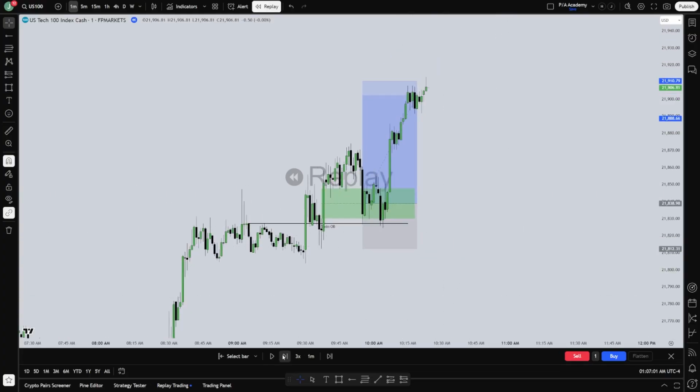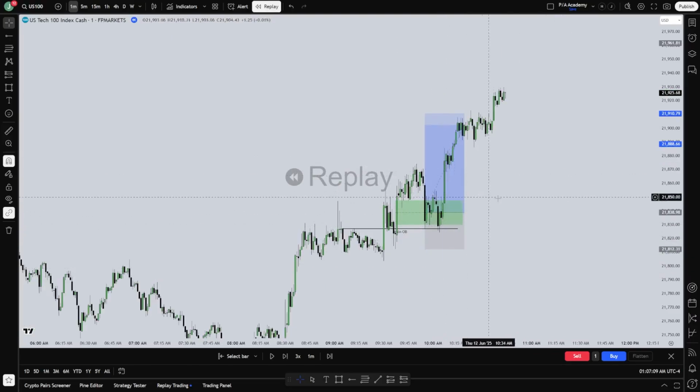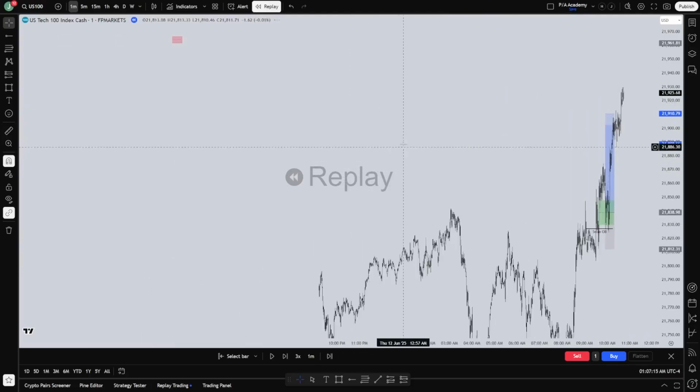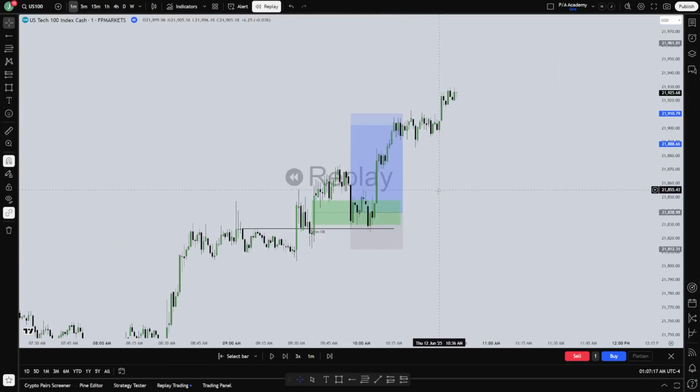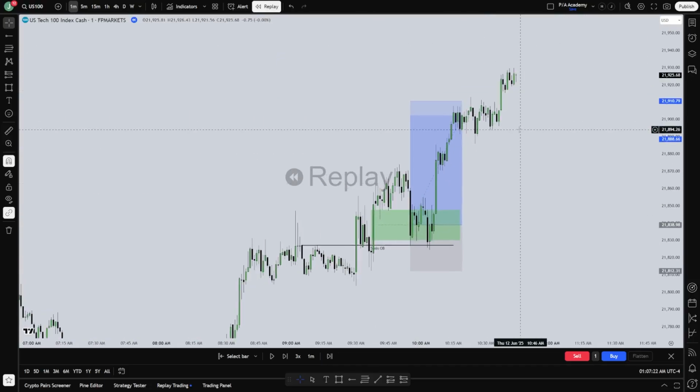So it's a breakaway gap, so let's see a lot of strength to the upside now. There we go. Just absolute monster moves to the upside. When you see gaps left open like this, just expect price to drive higher.